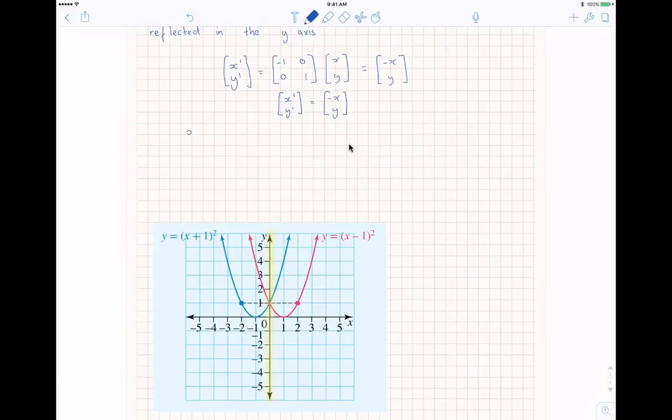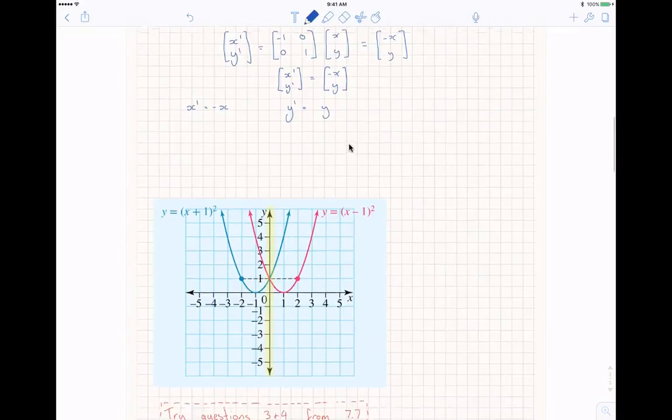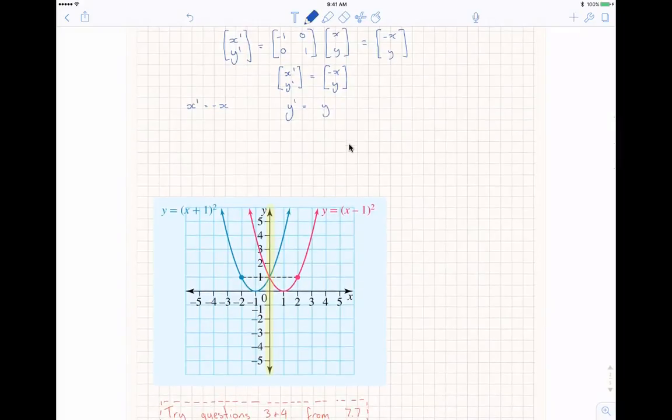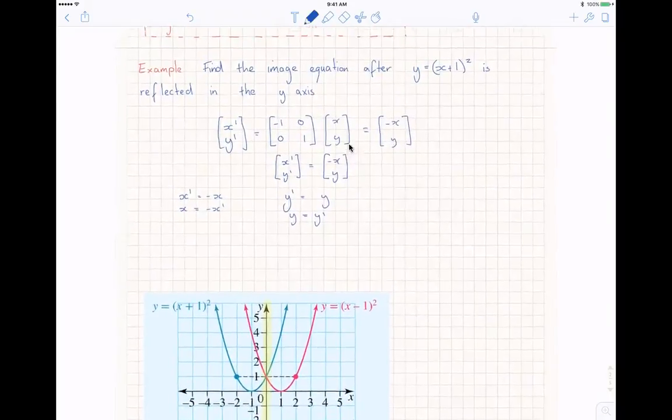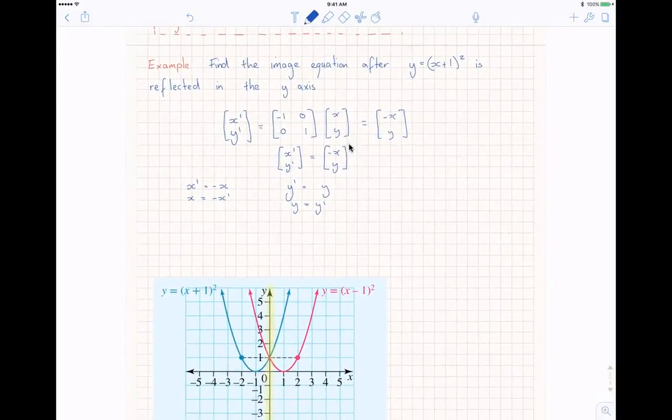So the image of x' is minus x, and the image of y' is just y. So if we rearrange those so that we make x and y the subject, that's the same as saying x is minus x', and y is the same as y'. Then we're going to substitute those back into our original equation for the parabola.